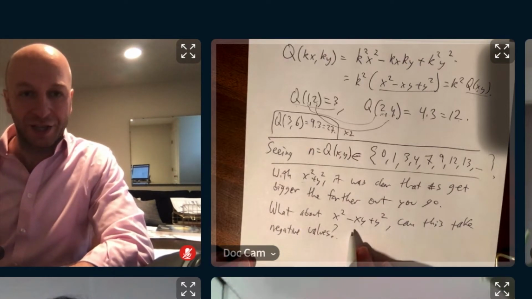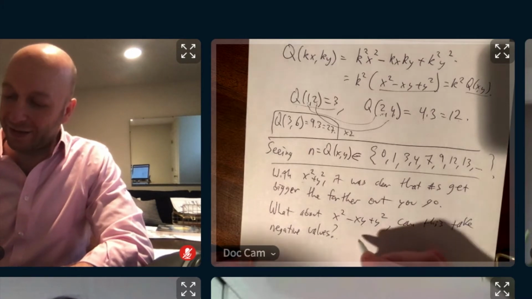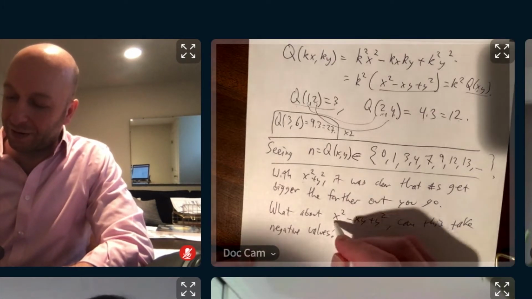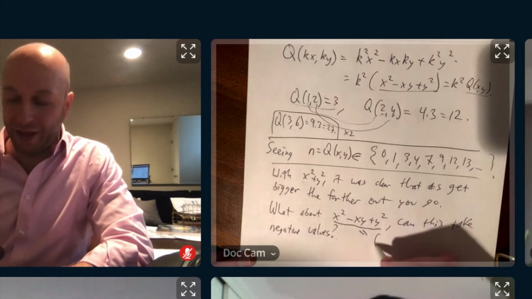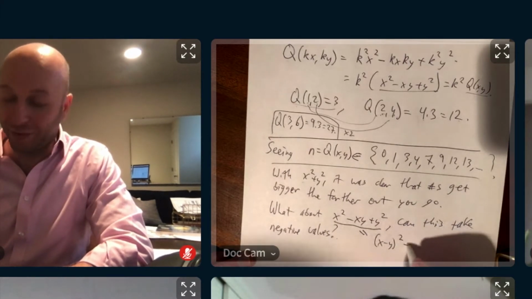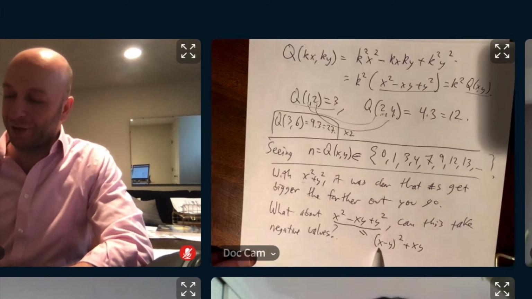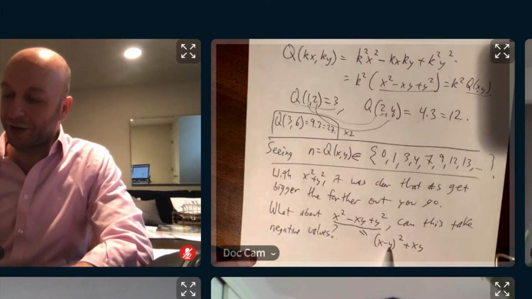So Daniel's suggestion is to observe that this is equal to x minus y squared plus xy. So let's see, x minus y squared would give me an x squared plus a y squared minus 2xy, plus another xy gives me a minus 1xy. So I agree with that.